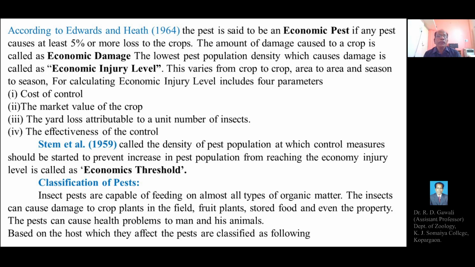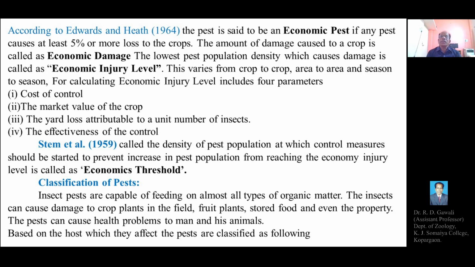Stern et al. in 1959 defined the density of pest population at which control measures should be started, to prevent the increasing pest population from reaching the economic injury level, as the economic threshold.